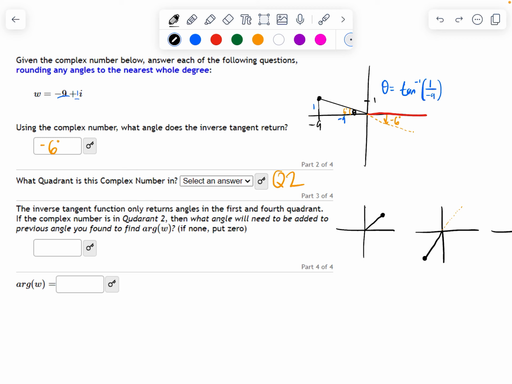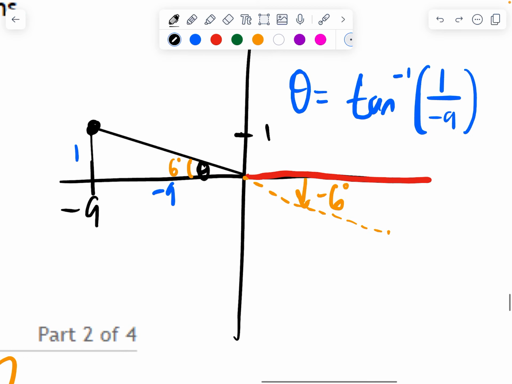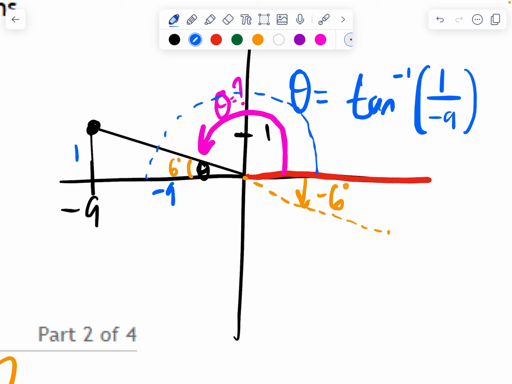So the question is, in order to get to quadrant 2, the argument, what we're looking for is the rotation from our x-axis to the hypotenuse of that triangle. In other words, the modulus, the thing that connects the origin to our complex number. If I'm looking for that hot pink angle, I know that all the way around, this whole section right there is 180 degrees.